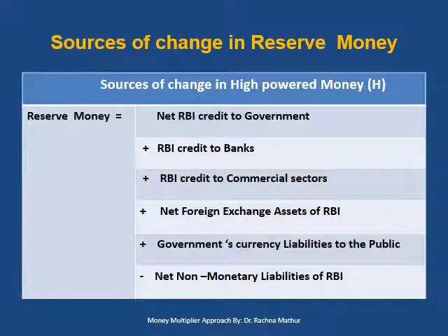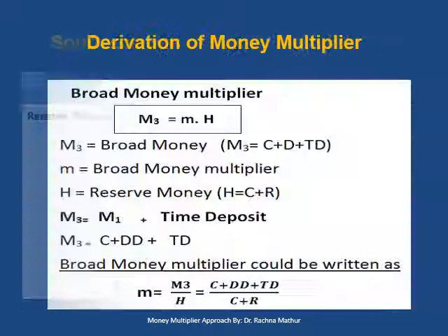So the sources of change in reserve money are net RBI credit to the government, RBI credit to the banks, RBI credit to the commercial sector, net foreign exchange assets of RBI, and government's currency liability to the public, minus net non-monetary liability of RBI.